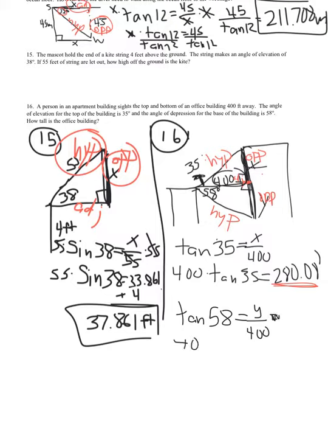You're going to get 400 times tangent 58, and 400 times tangent 58 is 640.134 basically. So we got to add those two values together.